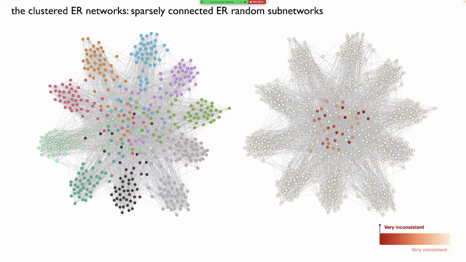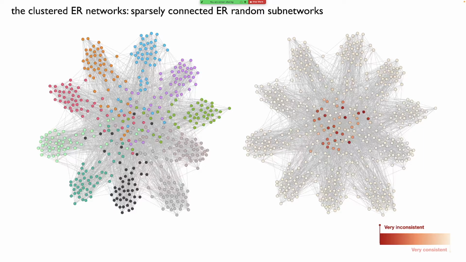As an appropriate example, we generated a clustered Erdős-Rényi random network, where we loosely connected the pre-assigned communities composed of dense random networks and intentionally put a number of inconsistent nodes here. The pre-assigned community structure is colored accordingly on the left side, and the shade on the right side corresponds to the companionship inconsistency value.